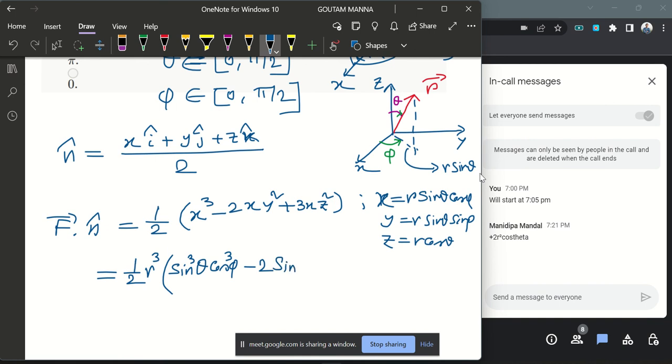So it will be sine cube theta sine square phi cos phi plus 3 times x is sine theta. So r we have already taken outside, so it is sine theta cos phi, and z is cos theta. So it will be sine theta cos square theta, z square, and cos phi.